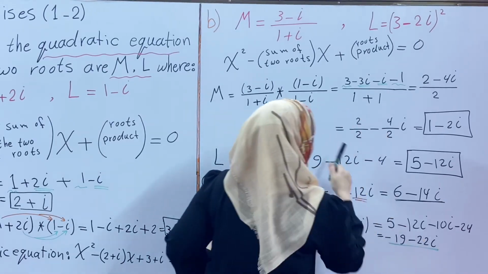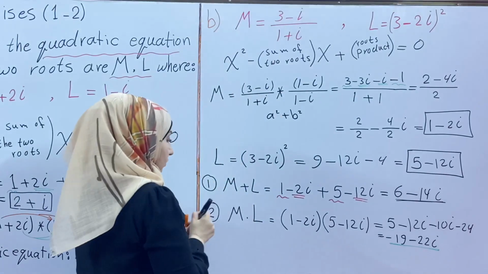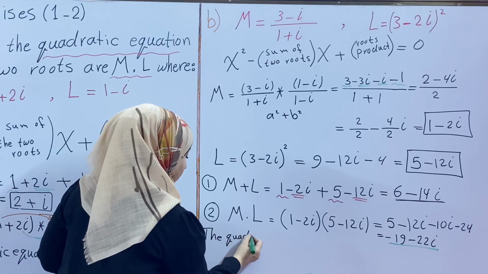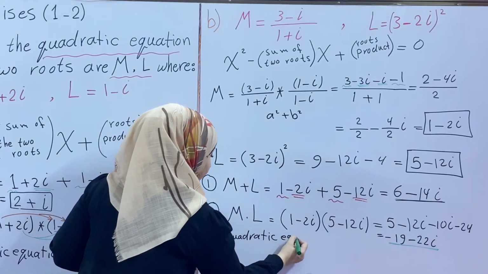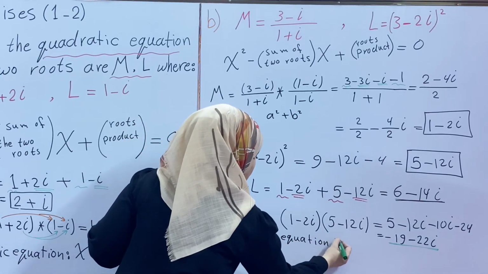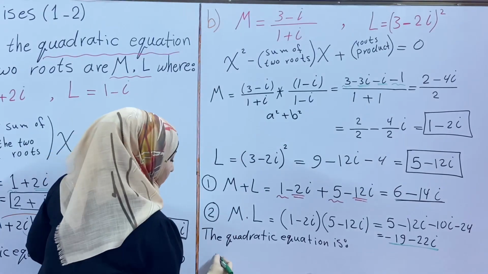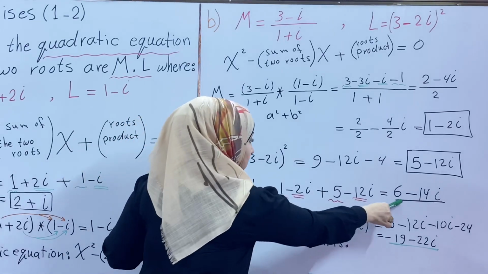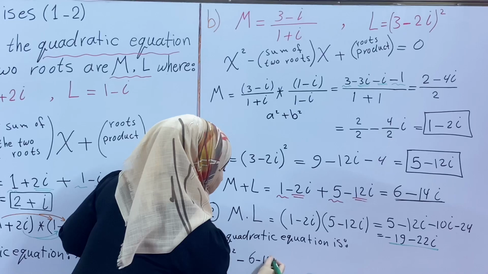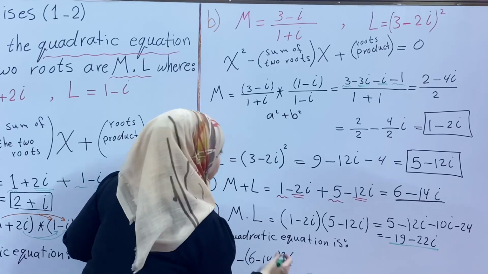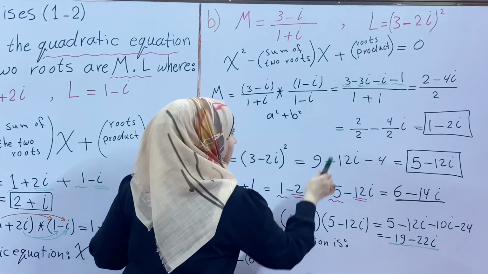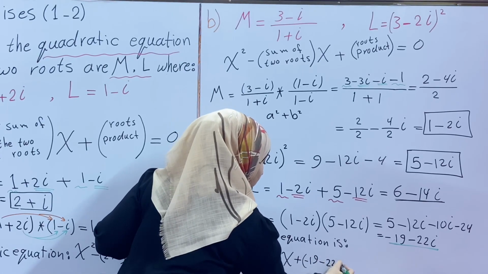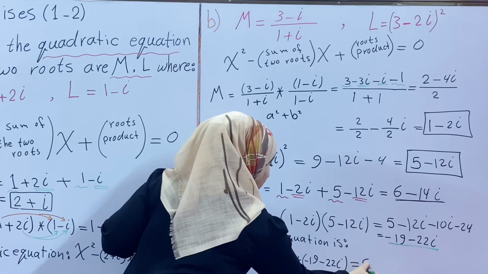And now we can write the quadratic equation. The quadratic equation is x squared minus the sum of the two roots, 6 minus 14i, times x, plus the roots product, negative 19 minus 22i, all equal to 0.